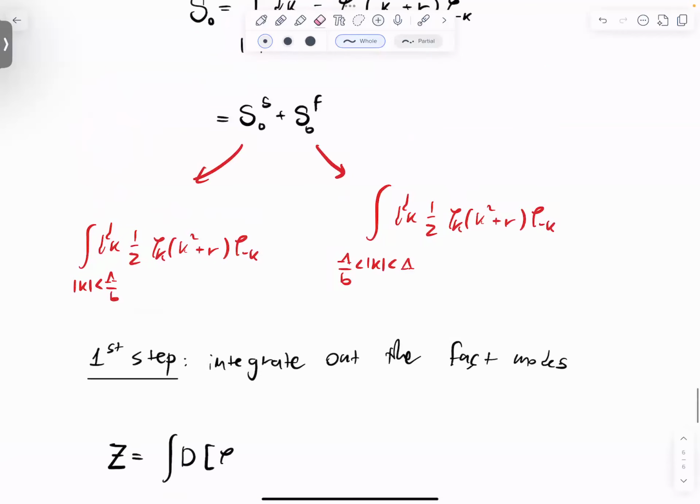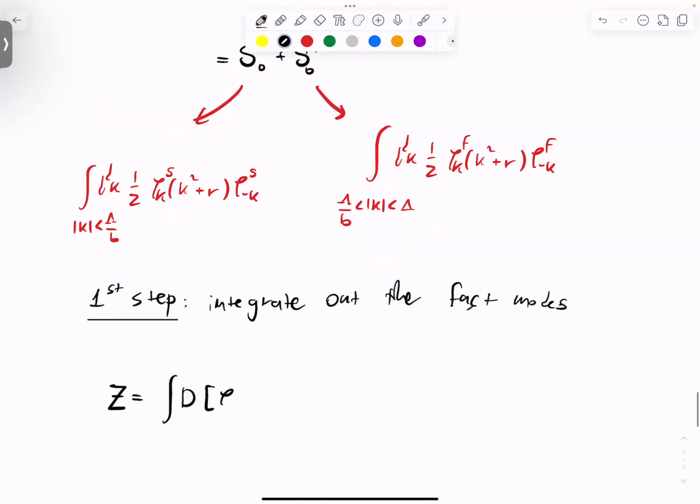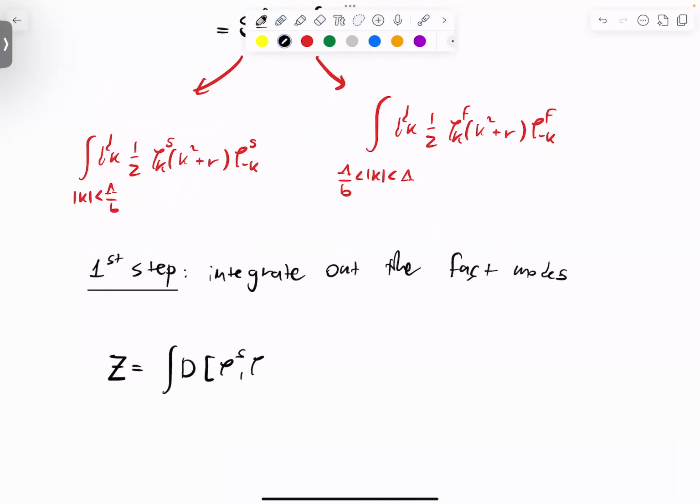Oh, sorry, I forgot to mention, this is phi slow, this is phi fast. So integral over phi slow and phi fast, e to the minus S0 slow minus S0 fast.